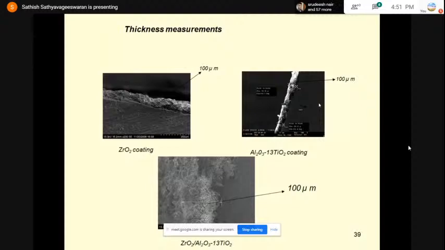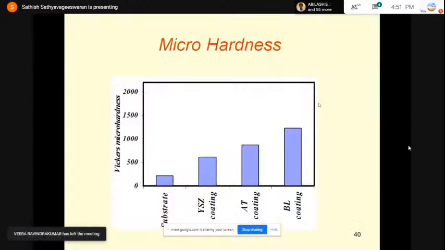This zirconia is said to have the lowest thermal conductivity, which I already explained when I was talking about thermal barrier coating. As a result, the heat has been effectively utilized by the subsequent alumina titania coating, so you have ended up with a completely melted region.